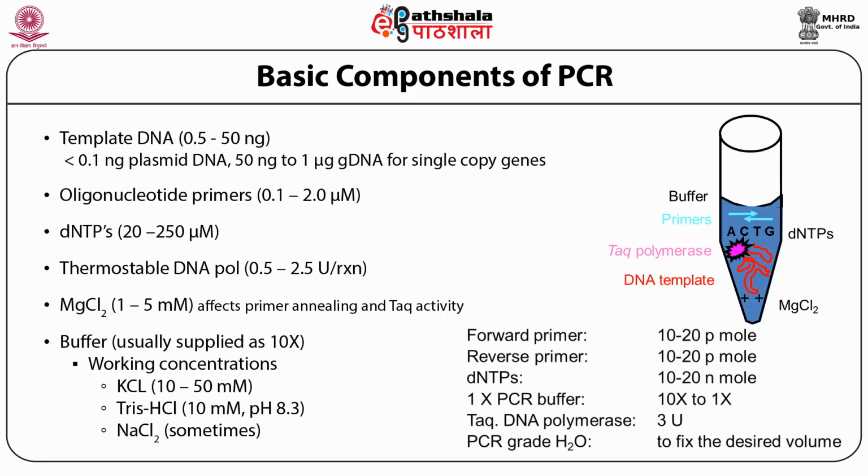So the master mix usually consists of forward primer, which is 10 to 20 picomole in concentration, reverse primer, again 10 to 20 picomole concentration, dNTPs 10 to 20 nanomole concentration, 1x PCR buffer, 3 units of Taq polymerase, and to make the volume appropriate, PCR grade water is required.